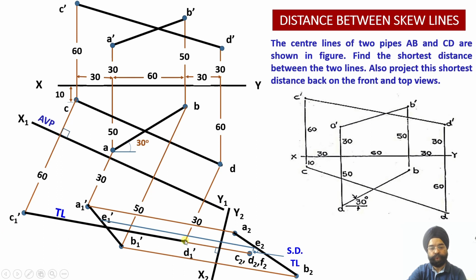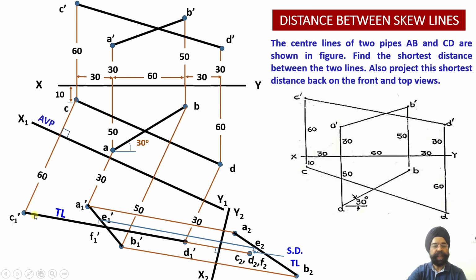How I will be able to do it? I will be dropping once again one perpendicular from E1 dash onto the true length, which is C1 dash and D1 dash. So just see, I am dropping perpendicular from E1 dash onto C1 dash and D1 dash line, and I have been able to freeze the location of this point F1 dash.